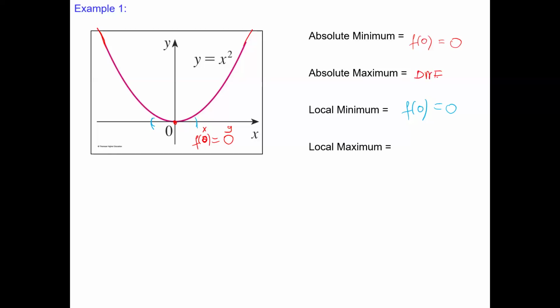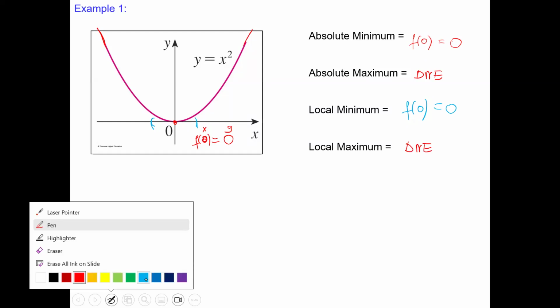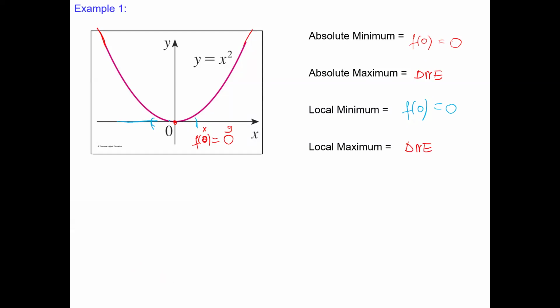That means the highest point, absolutely highest and locally highest, does not exist. Beautiful. Also, let's look at this calculus feature. In this situation, the function is differentiable everywhere, so the derivative at 0 is actually 0. Yes, we can say horizontal tangent.